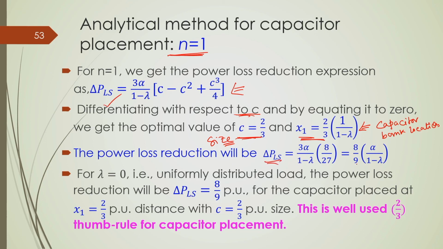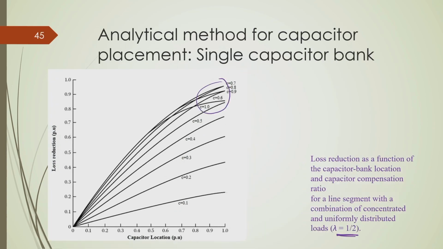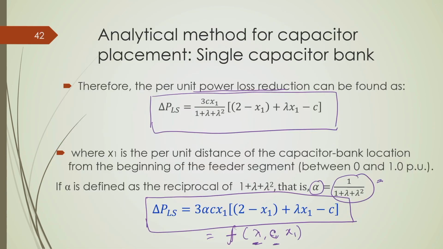If you put these two into this expression, you will get delta PLS coming out to be 8/9 multiplied by alpha divided by 1 minus lambda. Now, if we consider lambda equal to 0, that means a uniformly distributed load throughout the feeder, then alpha is equal to 1 divided by 1 plus lambda squared.